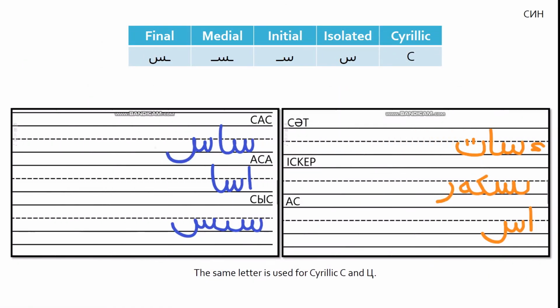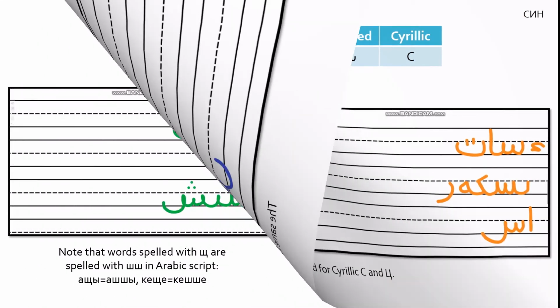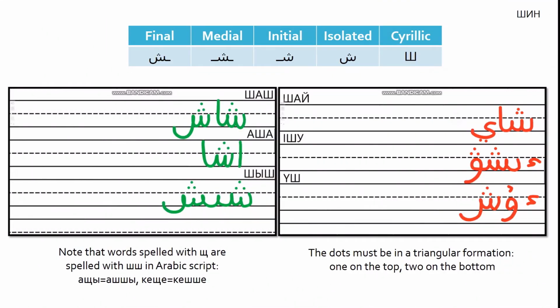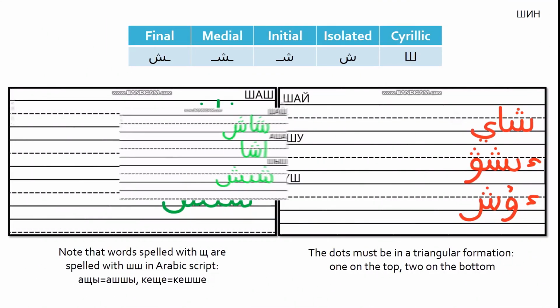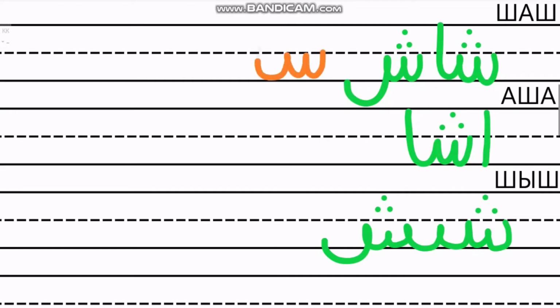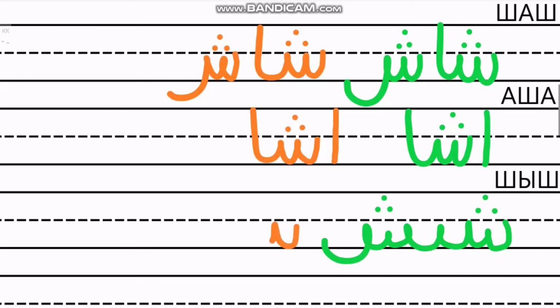The next one is shin, which is related to sin and corresponds to the Cyrillic letter sha. Add 3 dots above sin in a triangular formation with 1 on top and 2 on the bottom. Note that there are some words written in Cyrillic with the Russian letter sha, such as ash or kish.